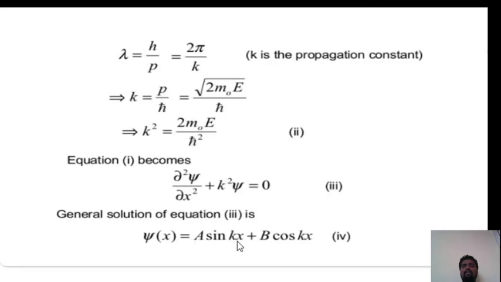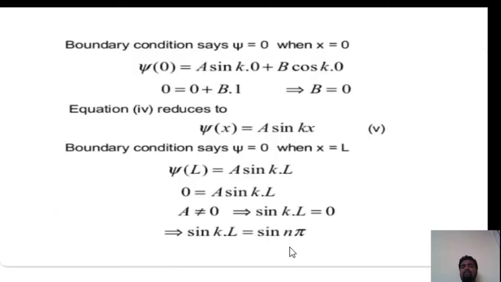Psi of 0 is equal to a sin k0 plus b cos k0. The a sin term becomes 0, so psi of 0 is equal to 0 plus b cos 0, and cos 0 is 1. So we get the value of b as 0.